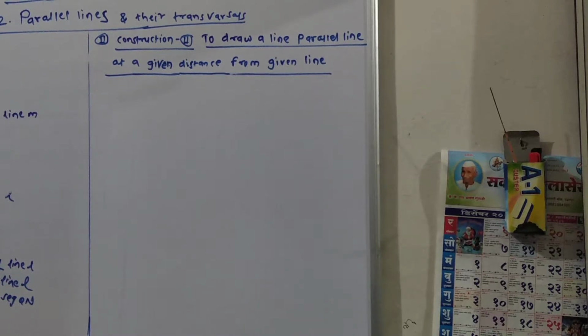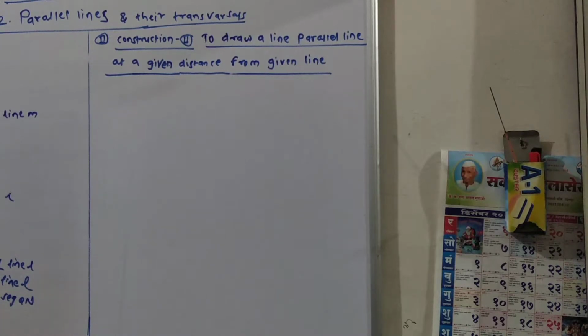The construction is to draw a parallel line at a given distance from a given line. That is the 2 mark question. Now we are going to construct the line at a given distance. Here is the single method, only a single method, and we are going to draw these lines.